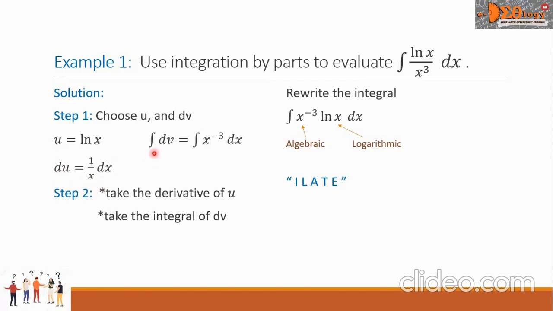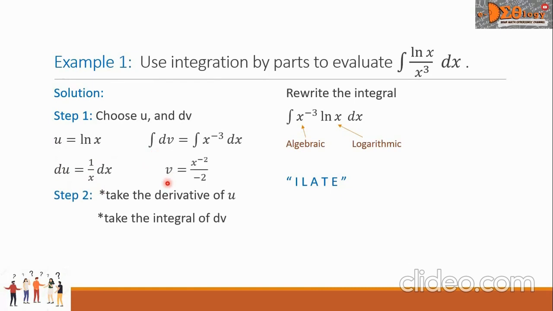So we will have the integral of dv as v equals the integral of this x raised to negative 3 dx. Using our power rule, we have the x raised to negative 2 over negative 2. Then we can simplify this fraction into negative of 1 over 2x squared.